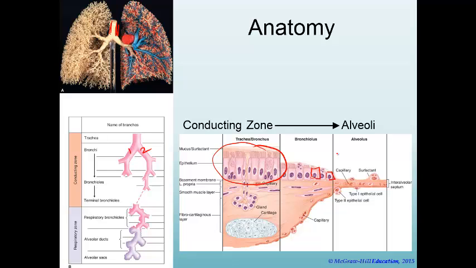And the cilia are important because they sweep debris that you breathe in out of the lungs so that you don't get accumulations of stuff in your lungs, which can cause coughing and wheezing or obstructions.